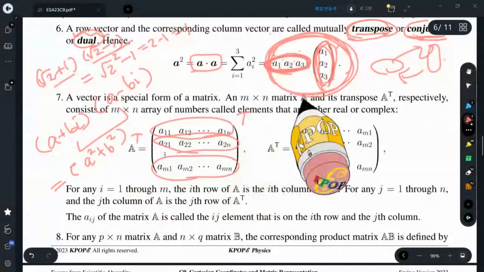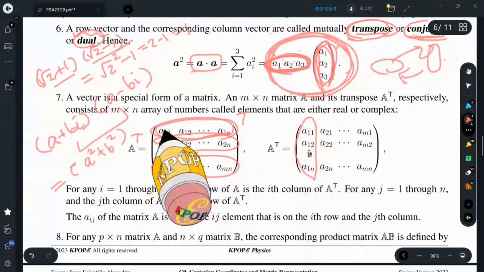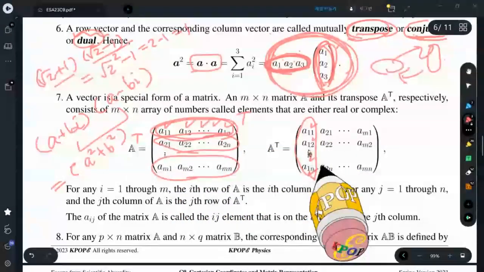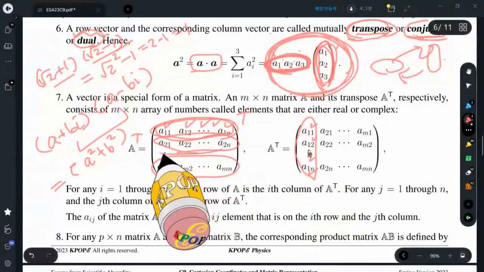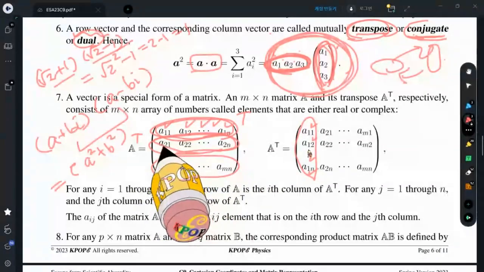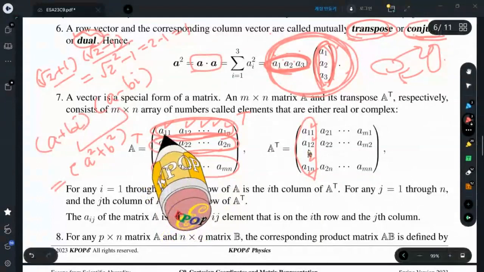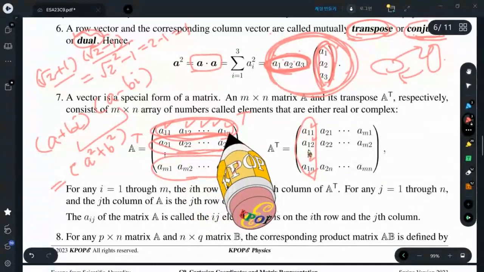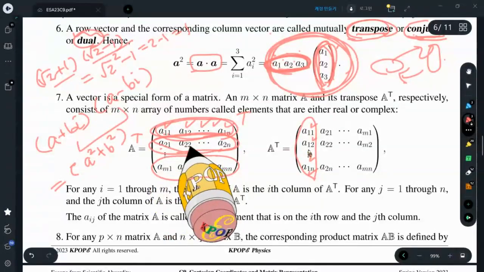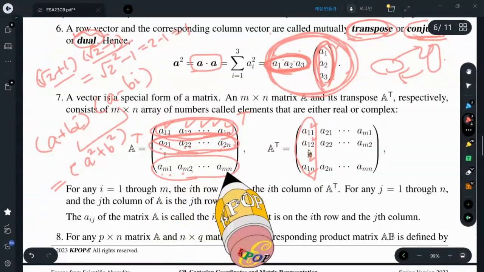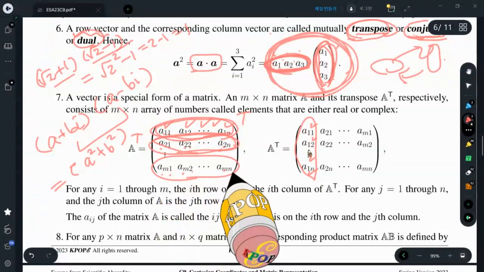For example, these numbers, I can transpose this. What happens? A row becomes a column. You can find these elements are written here. Okay? Second row, the subscript usually stands for the entry of the element. So first row, first column, first row, second column, first row, nth column, second row, first column, second, nth, mth, first, mth, second, nth, something like that.